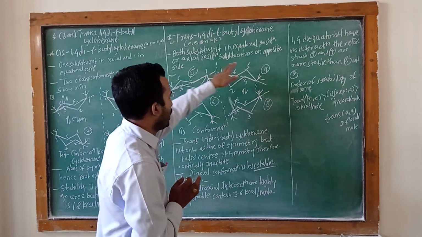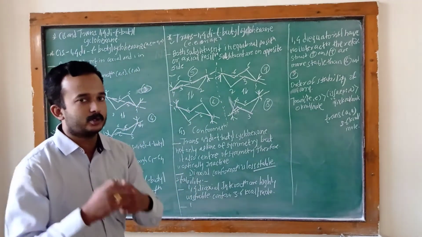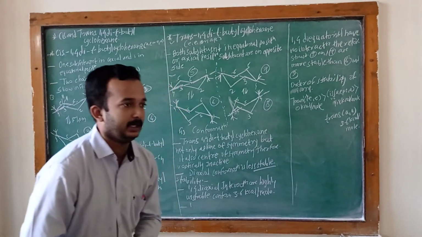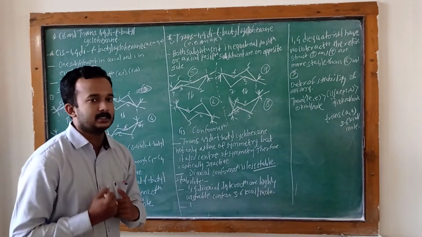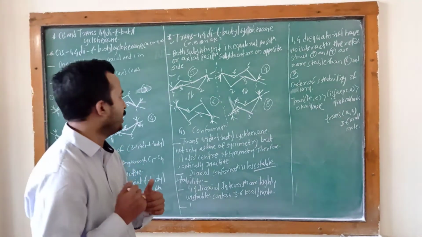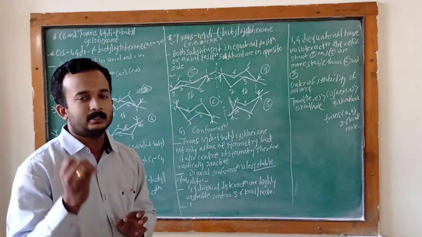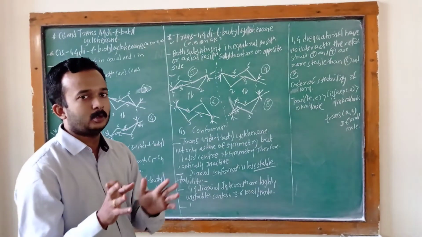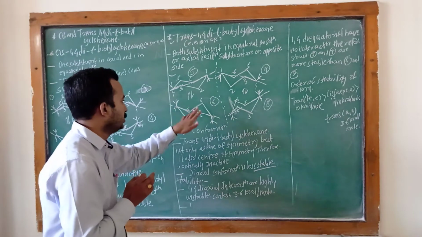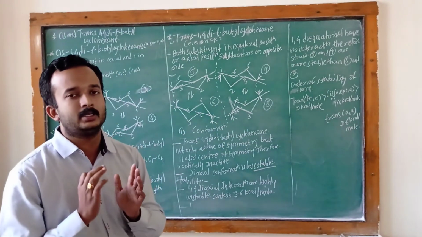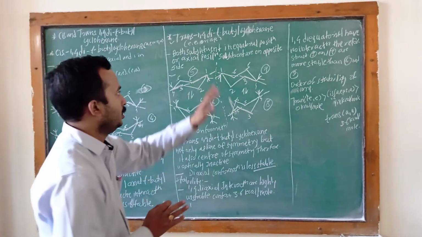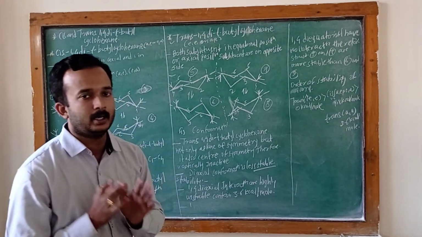Structures 5 and 7 have the equatorial position. The 1,4 positions are in equatorial position, therefore no such interaction between the 1,4 equatorial positions, therefore it is more stable. Okay, therefore 5 and 7 are more stable than 6 and 8, because 6 and 8 are less stable.